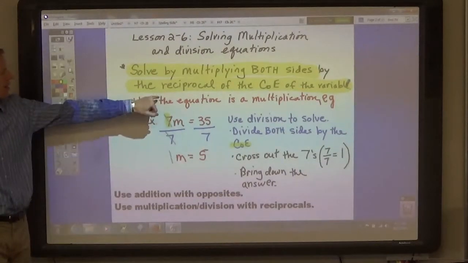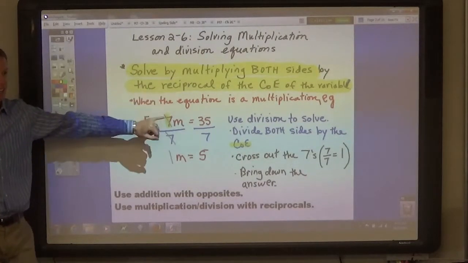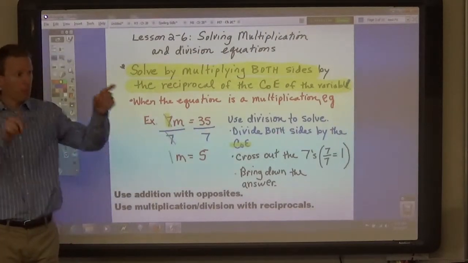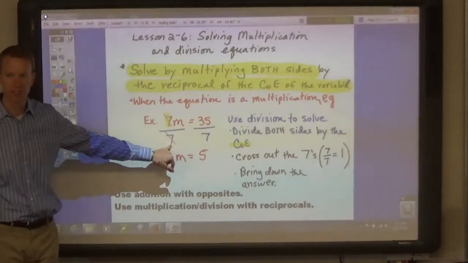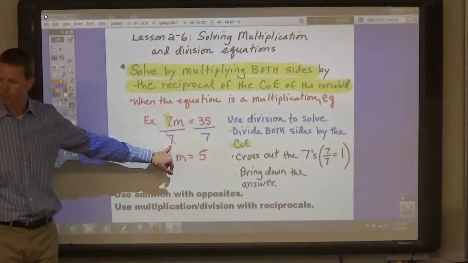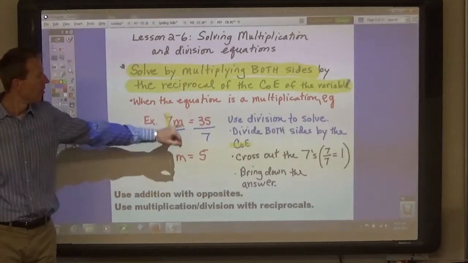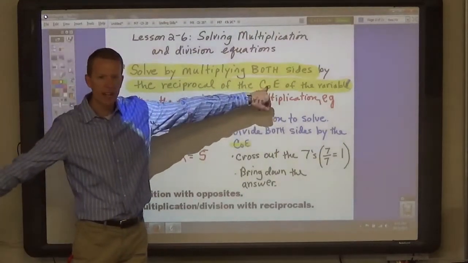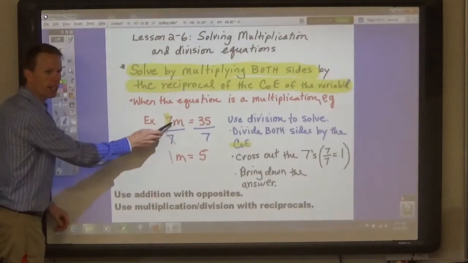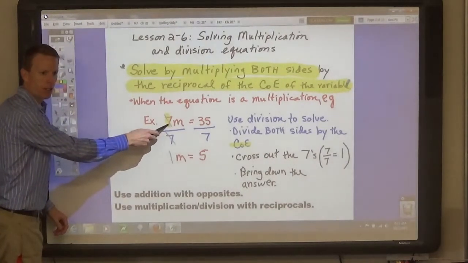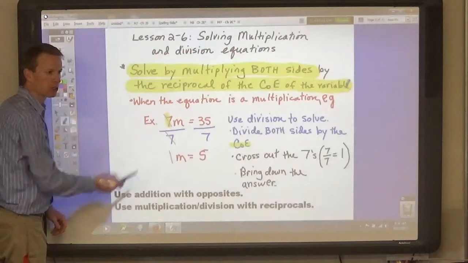Now let's break that down. The reciprocal means the flipped fraction, or a number over another number, because that equals 1. The coefficient, we learned what that is before. The coefficient of 7m is the number 7. This means 7 m's.